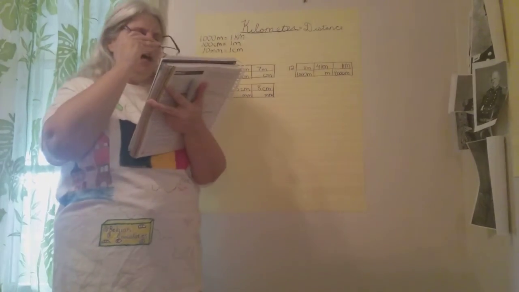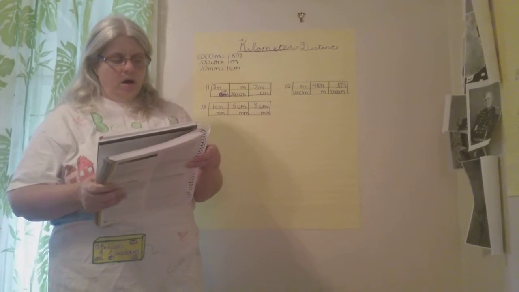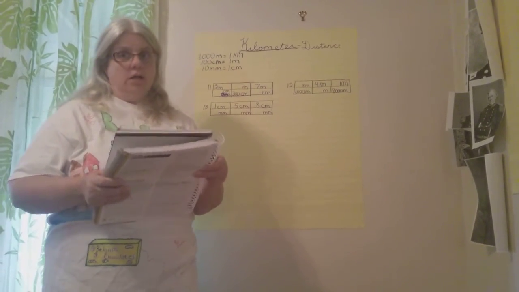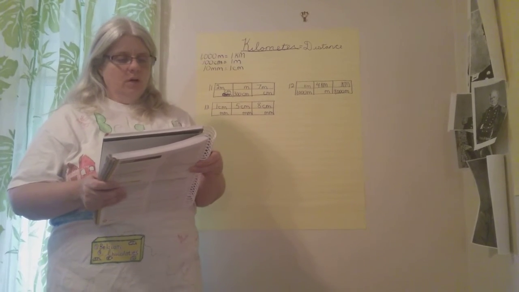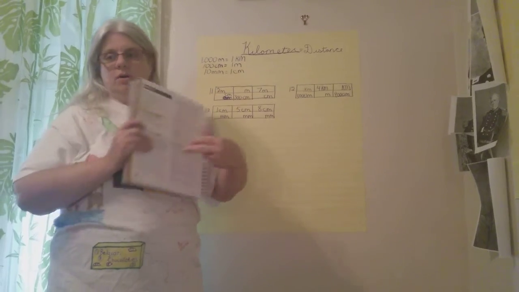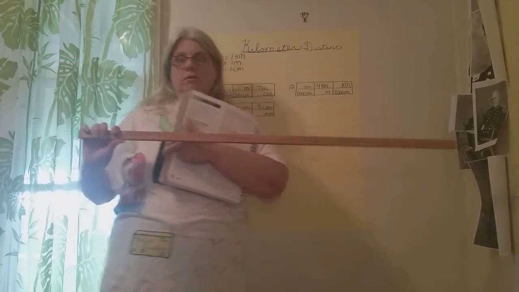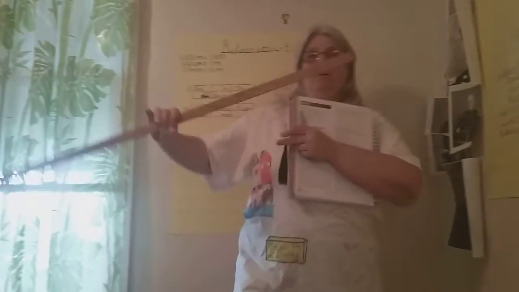Number 1 says a walk around the block. Would that be 1 meter or 1 kilometer? So think about this. A walk around the block, would it be this big? I don't think that's a whole block. What do you think? Not quite.